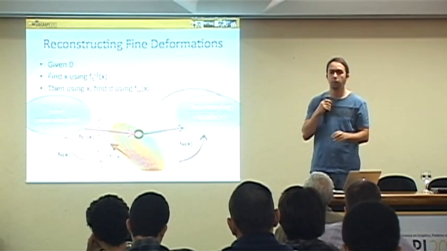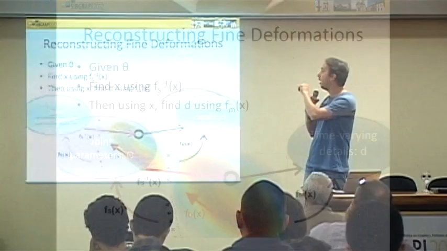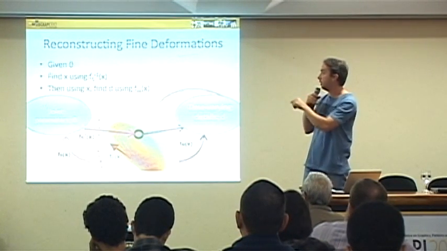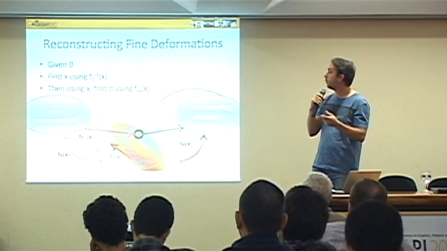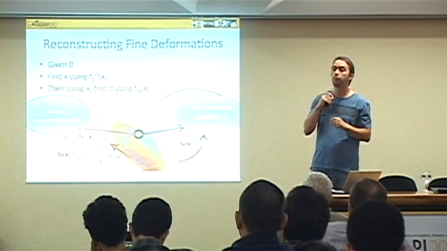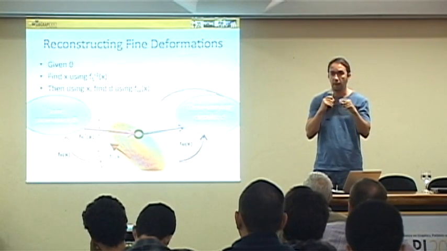Visually, you'll have something like this. If you want to reconstruct defined deformations, the animator changes the joint parameters. Given theta, we use the inverse of the function fs of x to find the place in the latent space where this value x lies.